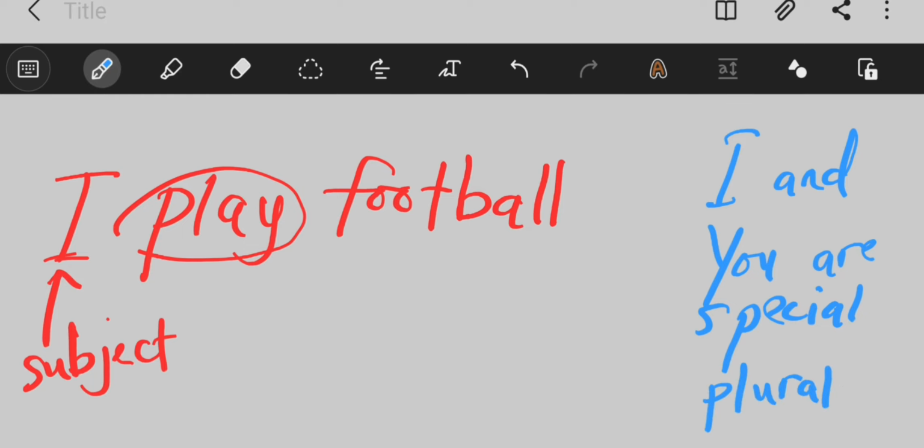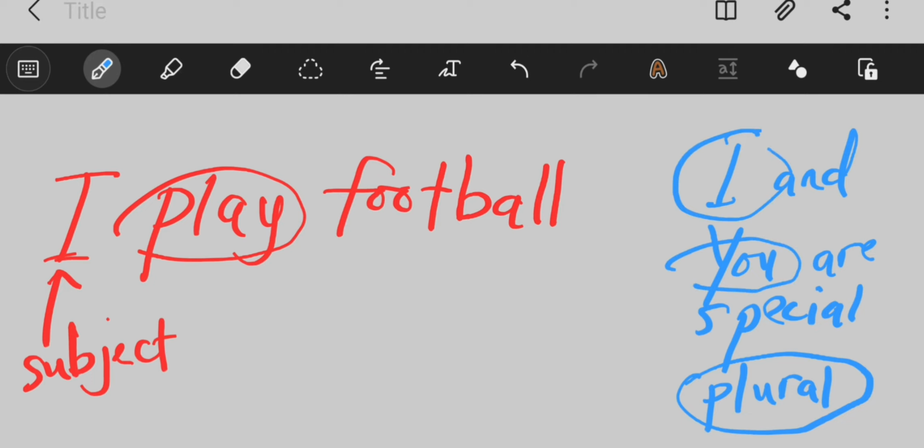Even though it is only one, it is singular, one person, you don't really have to add s in the verb, because as I've mentioned, they are a special case. It takes the rule of plural, so you don't have to write an s on the verb. I and you, remember it.